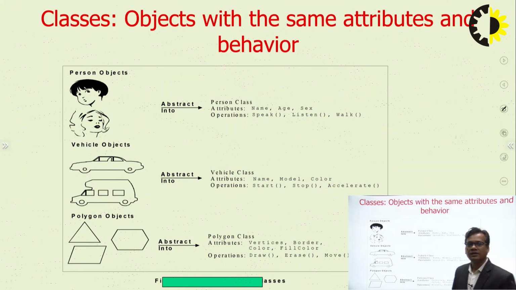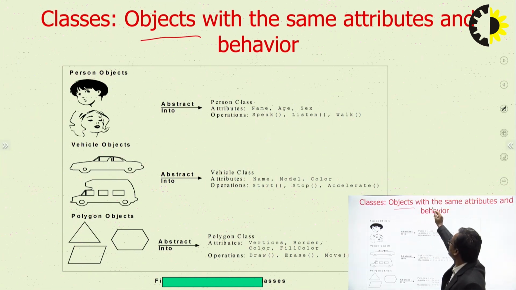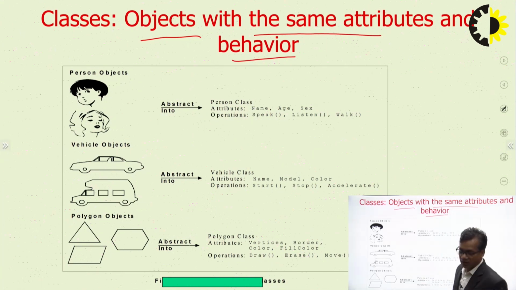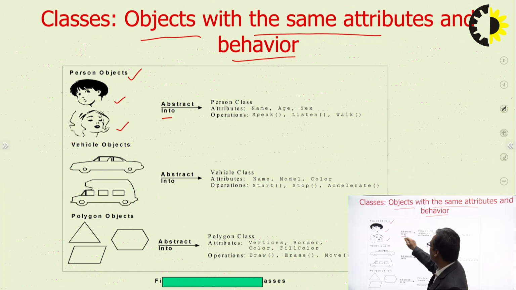If you talk about classes, that means objects with the same attributes and behavior. Objects with the same attributes and behavior are called classes. If we talk about a person object, they may be a boy or a girl.